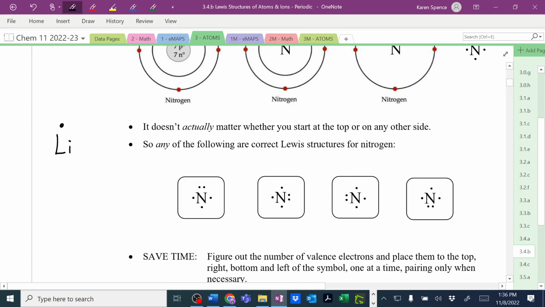Does it matter whether I put it at the top, at the side, or at the bottom? That one looks a little weird. I probably wouldn't go for that if I was just drawing it on its own, but it's not really wrong either. Any of these would be fine, and that would be the same structure for sodium, potassium, rubidium, for any of the alkali metals. They would all just look like that.